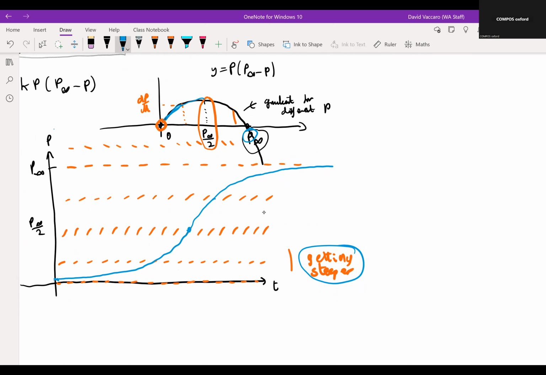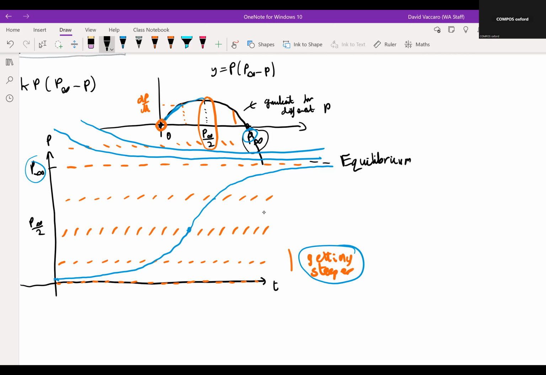And if we're a long way above p infinity, it's going to come down quickly, and then it's going to come down more and more slowly. So this p infinity is then the equilibrium.